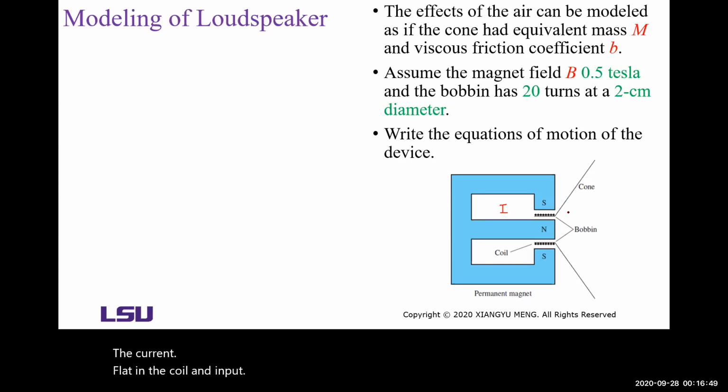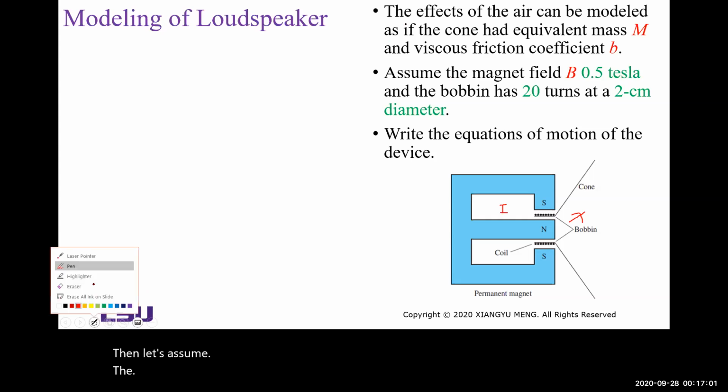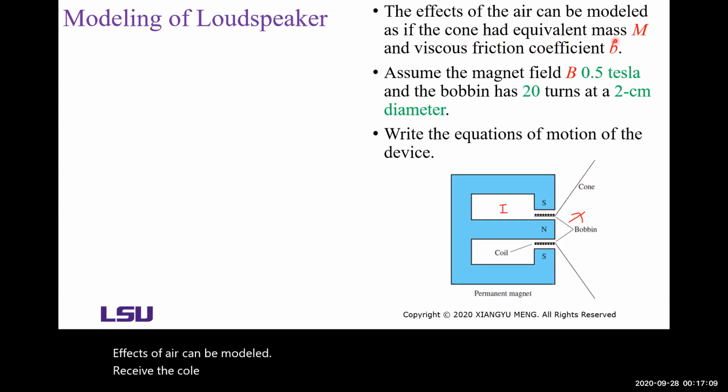Then the motion of the cone will be the output, say this is X. Then let's assume the effects of the air can be modeled as if the cone has an equivalent mass of m and a viscous friction coefficient of B.